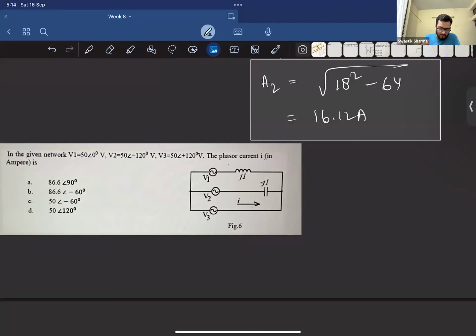So in this question, we are given a parallel branch circuit where there are V1, V2, and V3 voltage sources, the values of which are given above, and they are connected across an inductor of j1 impedance and a capacitor of minus j1 impedance, and we are required to find I in the third parallel branch.